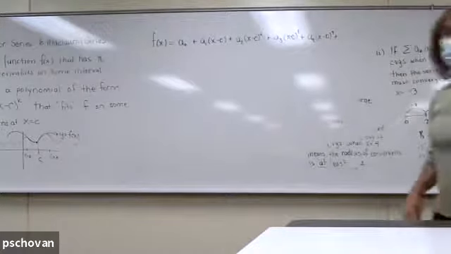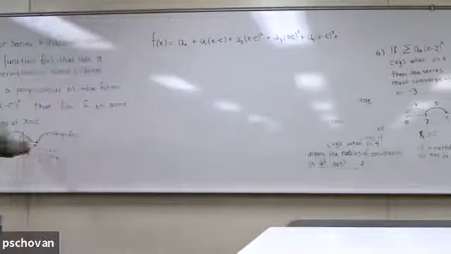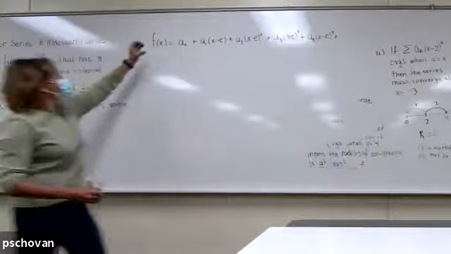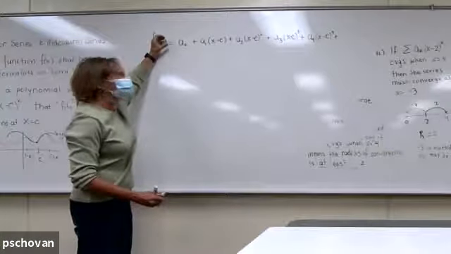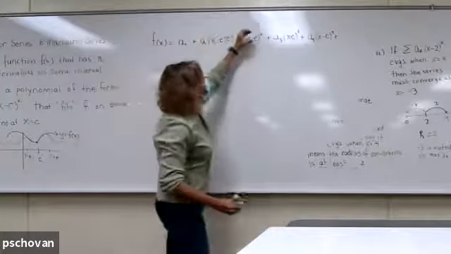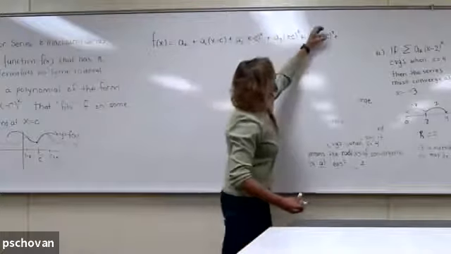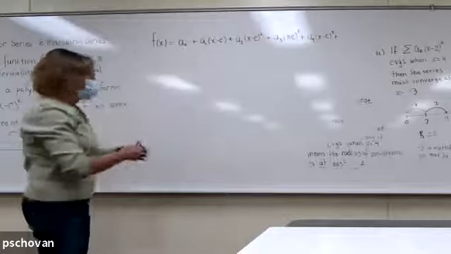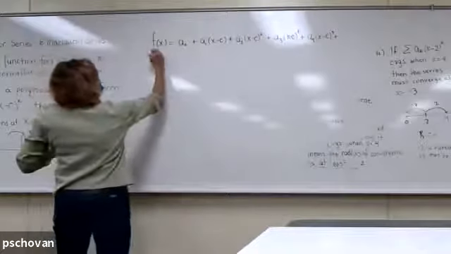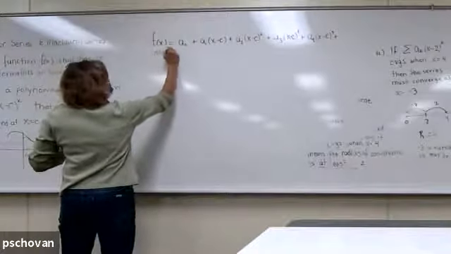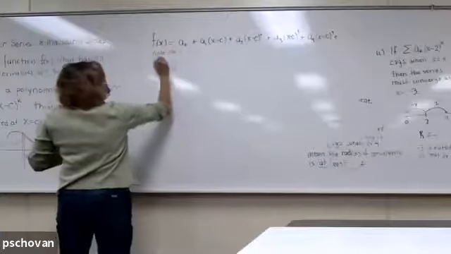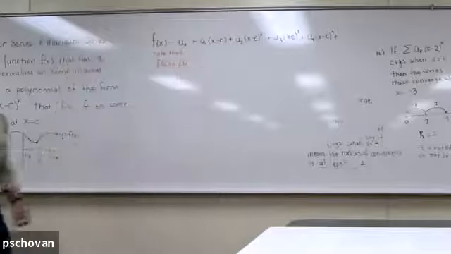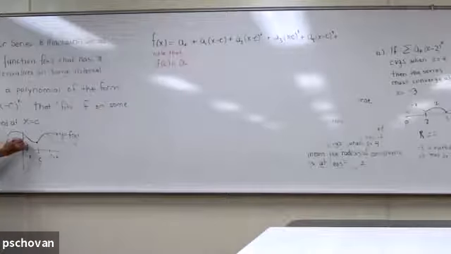We want them to match y values at this point. If I put c in for x here, and c in for every x over here, that tells me that this number has to be f of c. So note that f at c is that constant there. We want them to match.